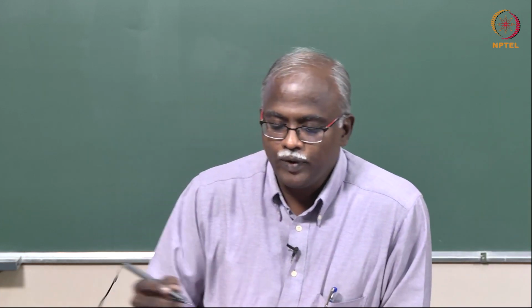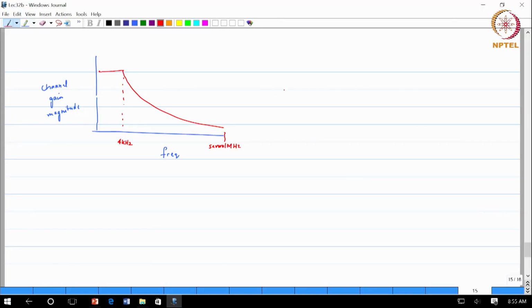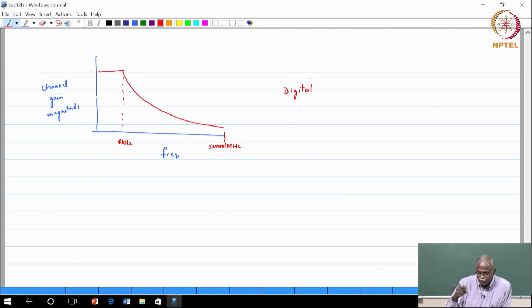So this is where these modems came about, these digital subscriber loop modems. Digital subscriber loop was a telephone line, but they were used to transmit data. They left the 4 kilohertz, and so DSL modems came because they recognized that the bandwidth of the channel was much larger. But the problem is, you transmit any signal through this, it will get very heavily distorted because of your channel gain, but the good thing is it is not changing, it is more or less somewhat constant.